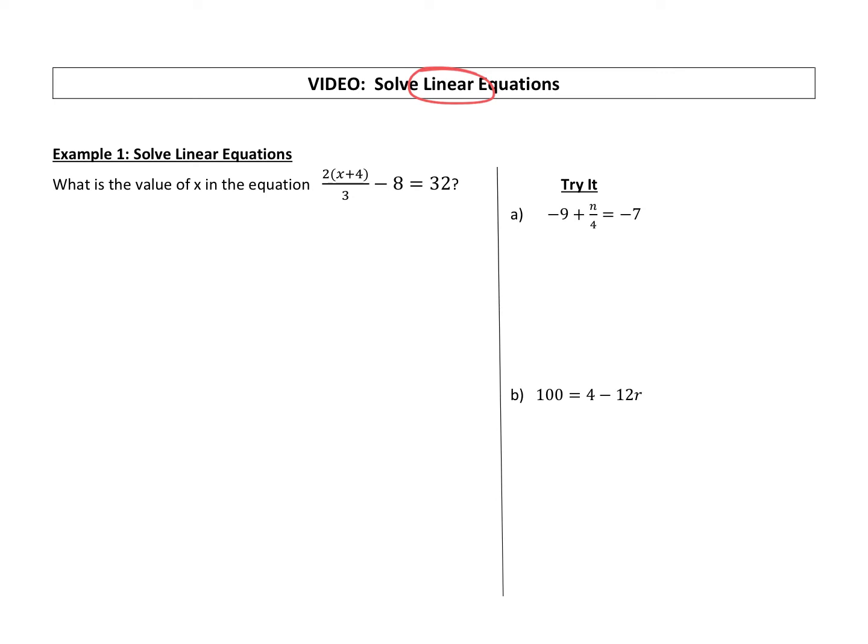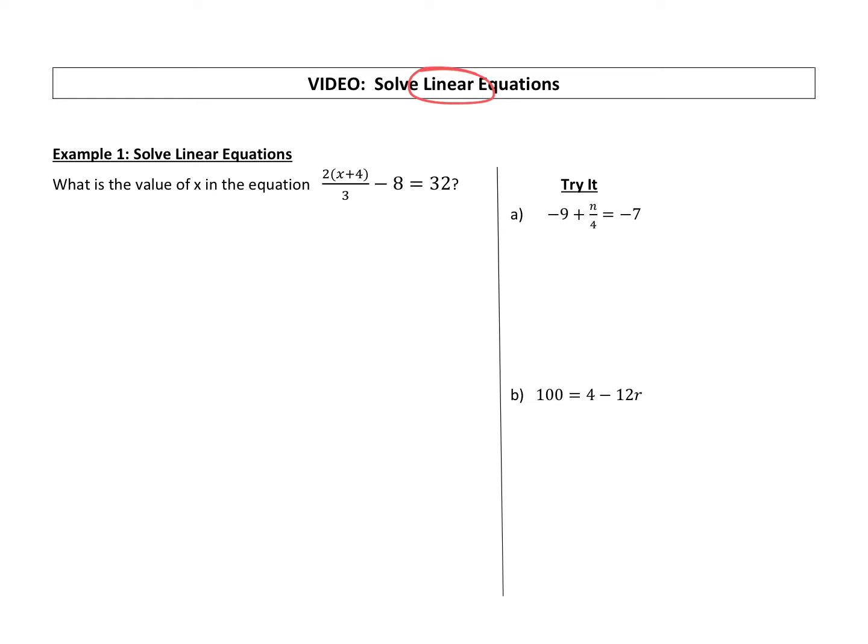Okay, so what is the value of x in this equation? I'm looking at this first one right here. You see this fraction. We're going to deal with this, but I do notice we are subtracting 8 after that. That is the first thing we want to do. We are subtracting 8, so we are going to use the addition property of equality that we just talked about in our vocab section.